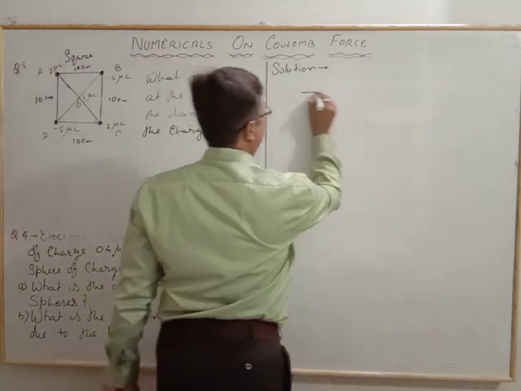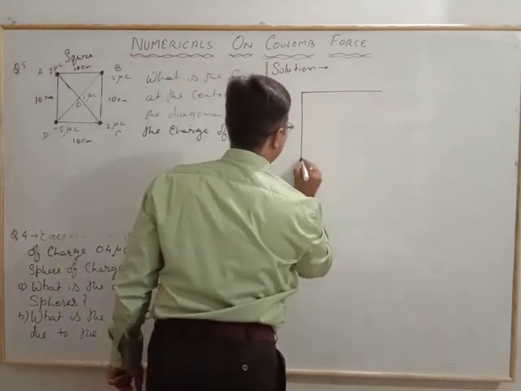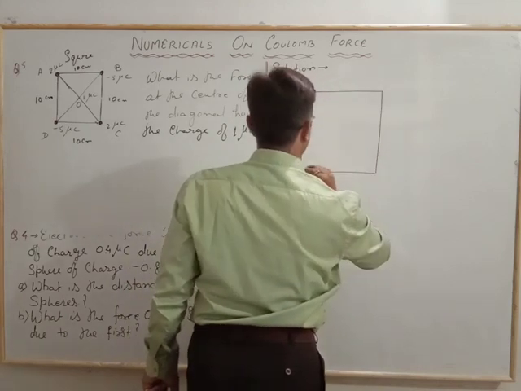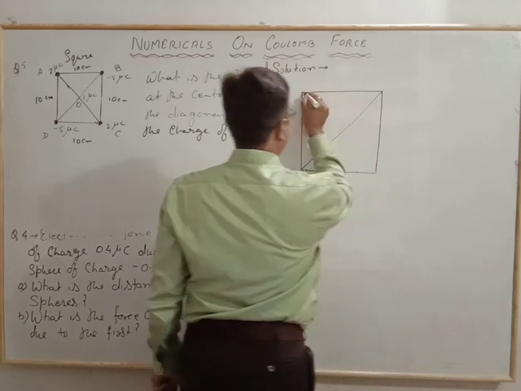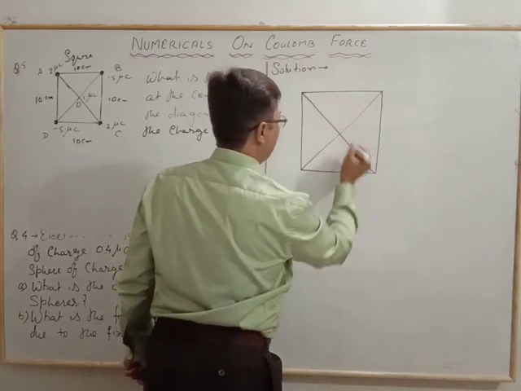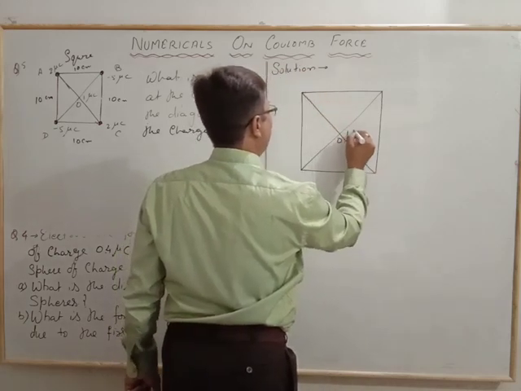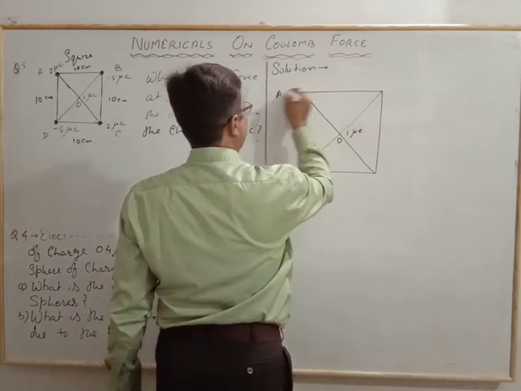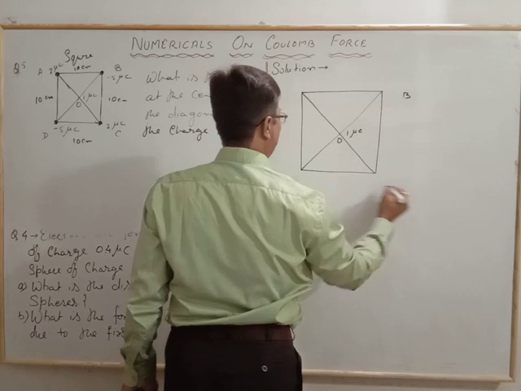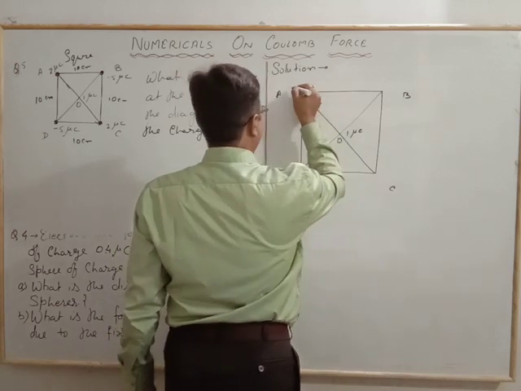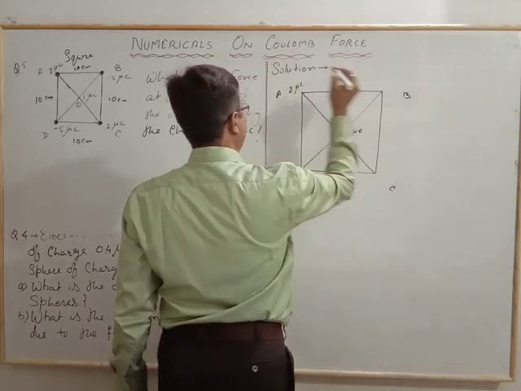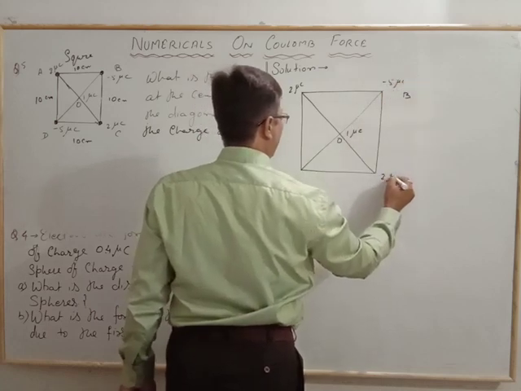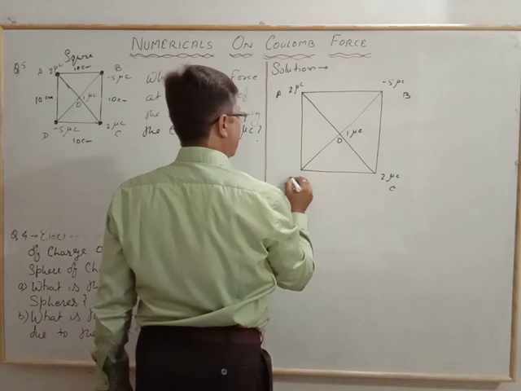Let's suppose this is the square and there are the diagonals. At the center the 1 microcoulomb charge is placed, and at the vertices A, B, C and D we have 2 microcoulomb, minus 5 microcoulomb, 2 microcoulomb, and minus 5 microcoulomb.